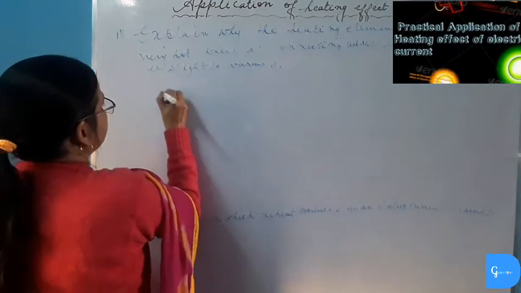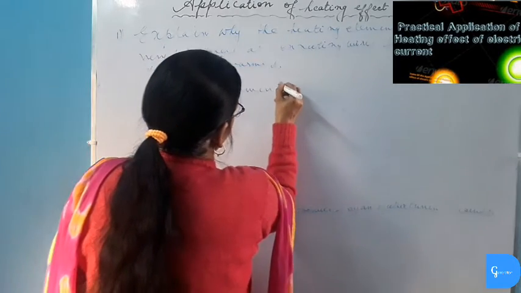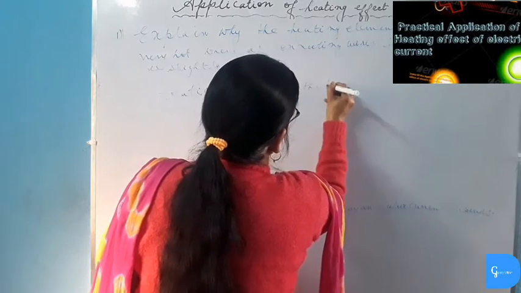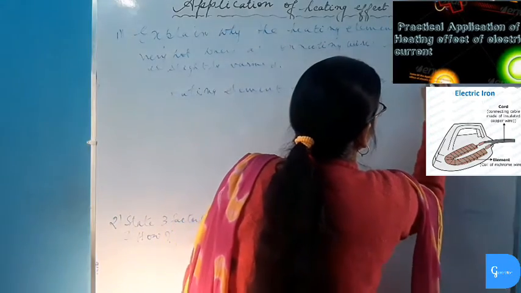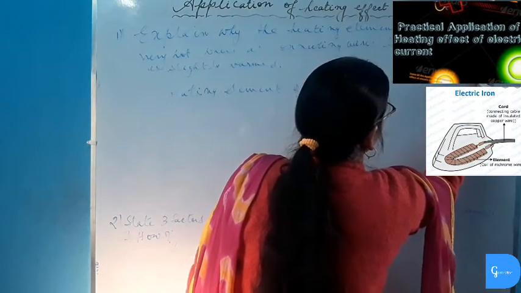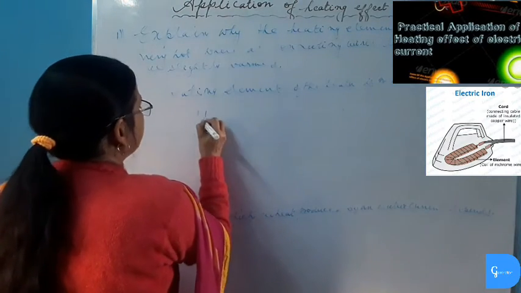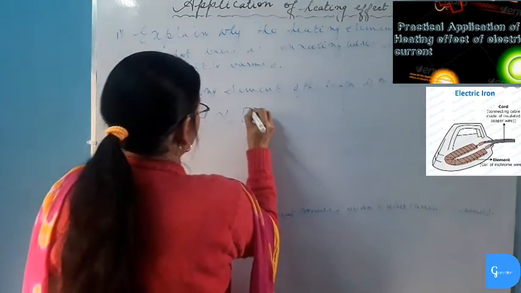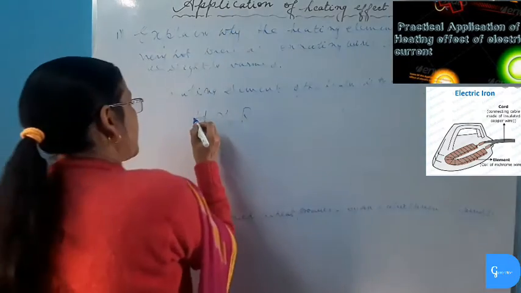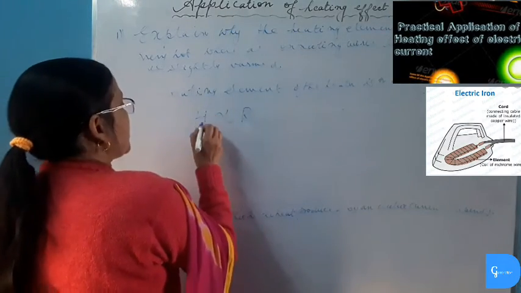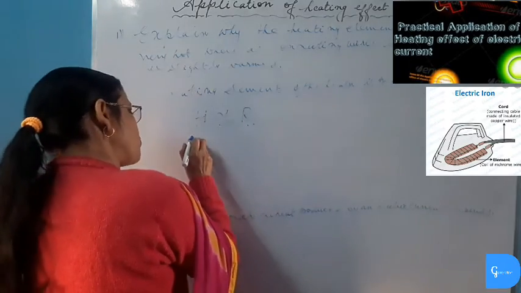We know that heating element of the heater is made of nichrome, and nichrome has very high resistance, and we know that H is directly proportional to resistance. So as nichrome has very high resistance, it produces more heat because heat is directly proportional to resistance. When resistance is more, heat produced is also more.